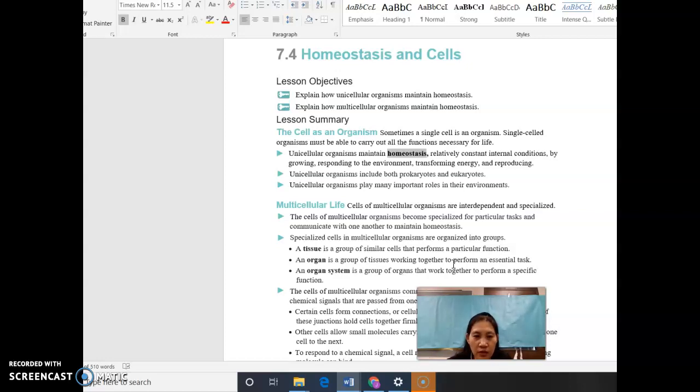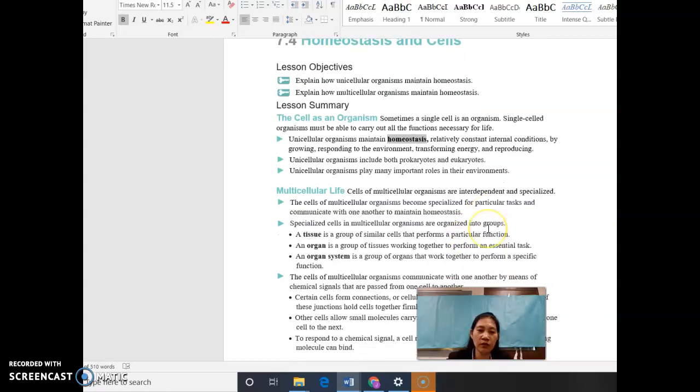Those are the cell theories. But I want you to remember that a group of cells are called tissues. Again, a group of cells are called tissues, and they perform a particular function as well. And a group of tissues are called organs. They work together to perform essential tasks. And an organ system is a group of organs that work together to perform a specific function.